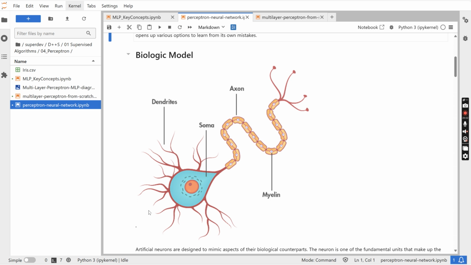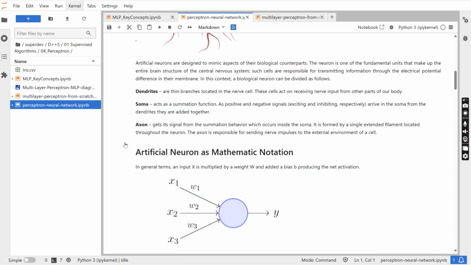I'm talking about the very first layer of neurons accepting inputs from all our biological senses. Once the dendrites accept the input, some signal is given by the nucleus, then carried throughout the myelin sheath, and accordingly output is generated here. So that is how it is.